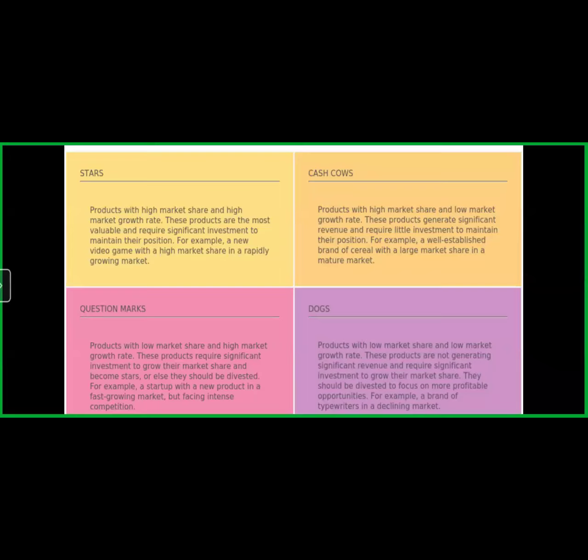If the summers are becoming hotter, that means the market is going to be growing. The growth is going to be there in the years to come.